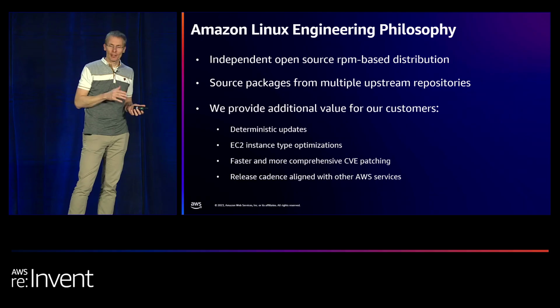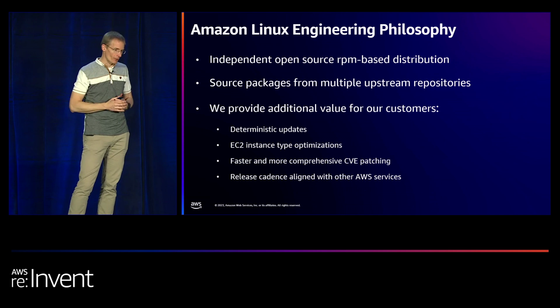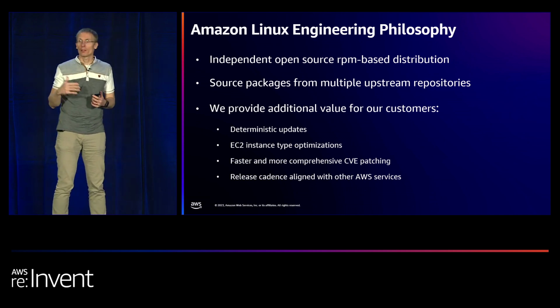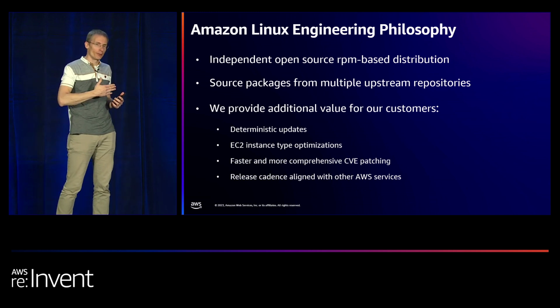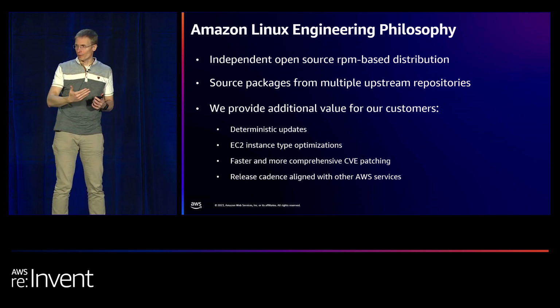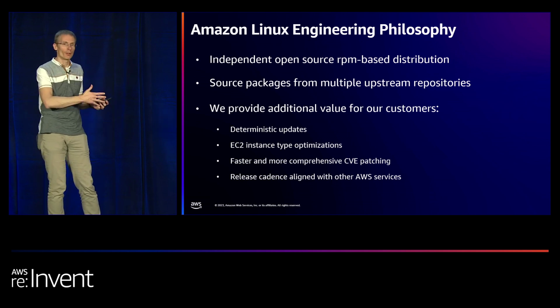Yes, and as we already pointed out, there are a few things that we do differently, and this is to provide you the best possible operating system. We talked about deterministic updates. Hopefully this is something you like if you run multiple hosts or many hosts, and ideally have an environment where you are very careful with introducing changes to your system, and have a proper qualification process that you want all of your changes, all of your new bits, to go through.